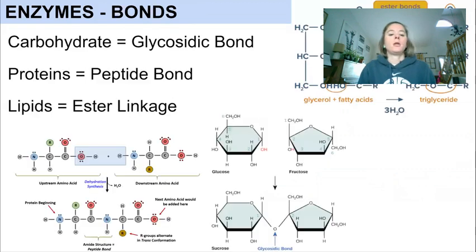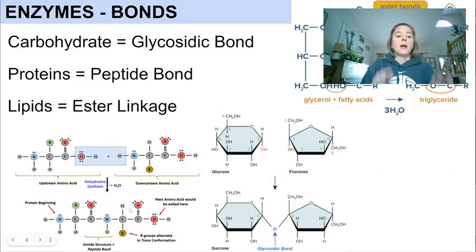And then hopefully you remembered from the videos that we have watched already that the carbohydrate bond comes from the dehydration reaction, and when it sticks together and gets rid of the water right here between the glucose and the fructose, it is known as the glycosidic bond. Over here in the amino acids, when we pull those together, a protein is the big class there, that is a peptide bond forming that polypeptide.